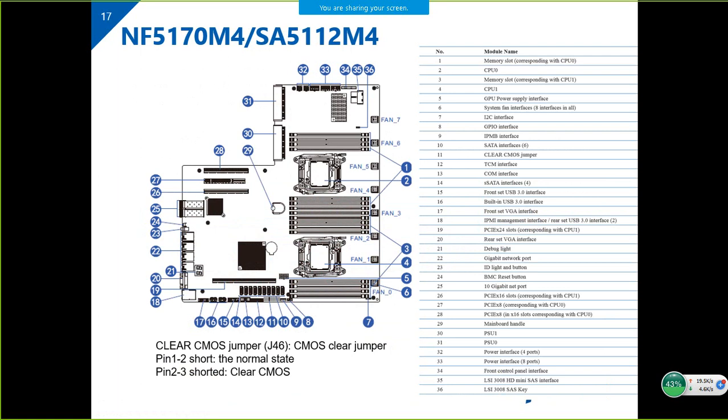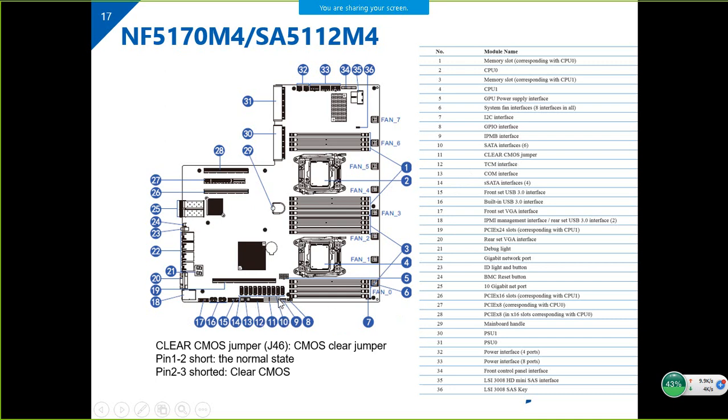And this one is for the motherboard layout. Okay, first memory, CPU, fan, power supply, slots, and USB, and PCIe, and here is the SFP, network card, and VGA, and here is other, for example, how to clear the CMOS jumper.